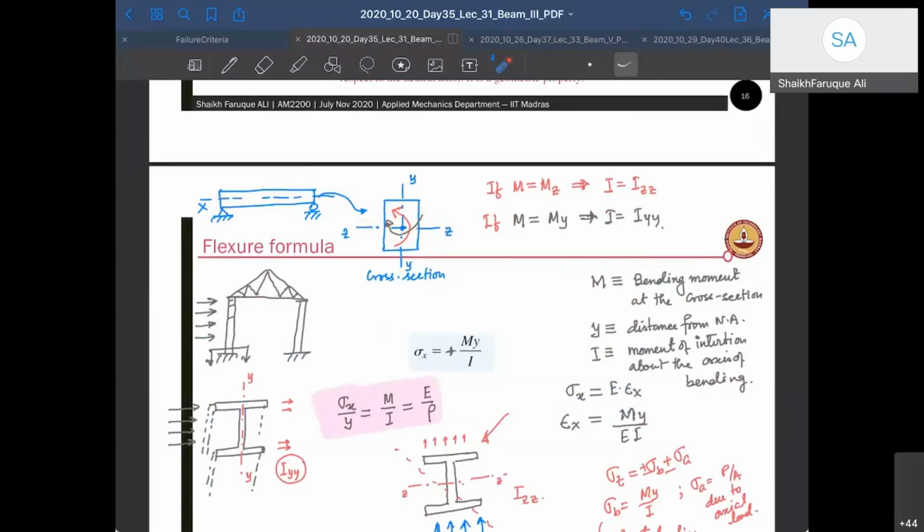When it is out of plane bending, you have to take Iyy. Or if both are combined, then you have to take both of them and do your calculation properly. We will do it later for unsymmetric bending. But right now, for symmetric bending, my beam can bend in both directions. So if Mzz, then you have to take Izz. If it's My, then you have to take Iyy. Is that clear? That's very important.